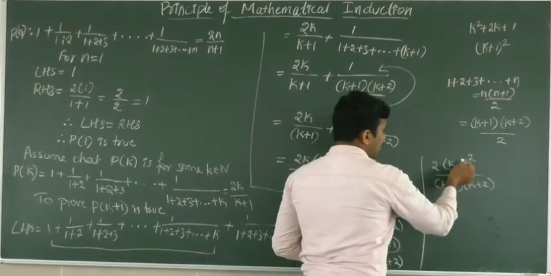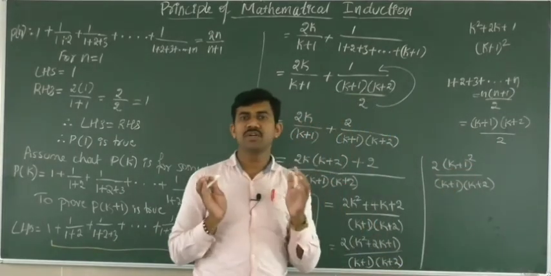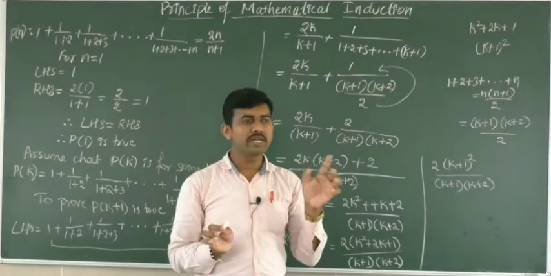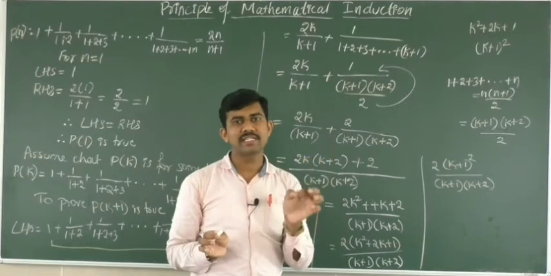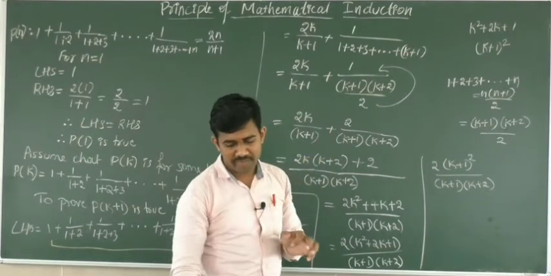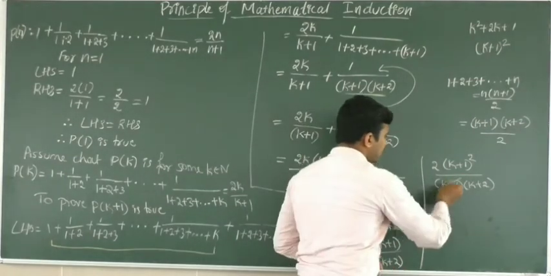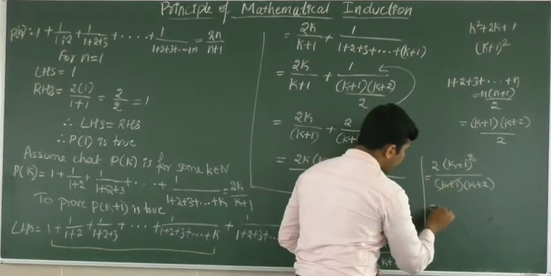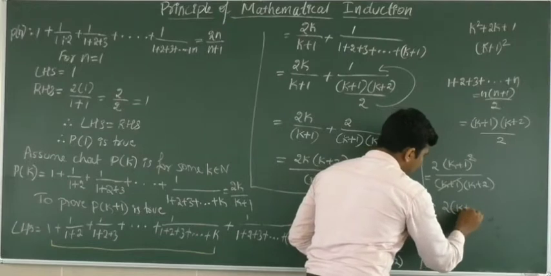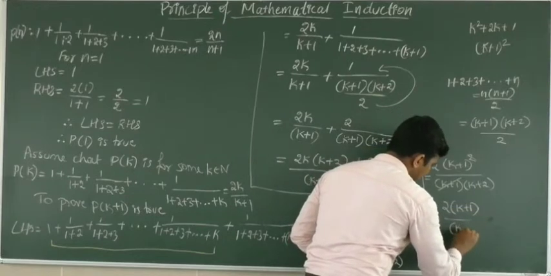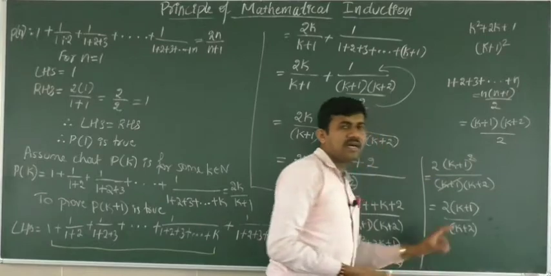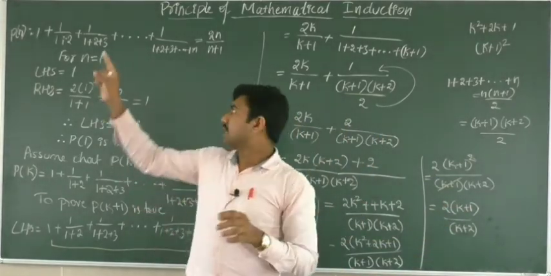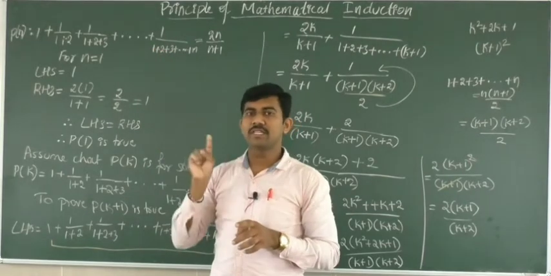Now in the numerator you have k plus 1 whole square, in the denominator one k plus 1, so one k plus 1 from the numerator cancels with the k plus 1 of the denominator, and what remains is 2 into k plus 1 divided by k plus 2. Now is this the right hand side of your given statement when n is equal to k plus 1?